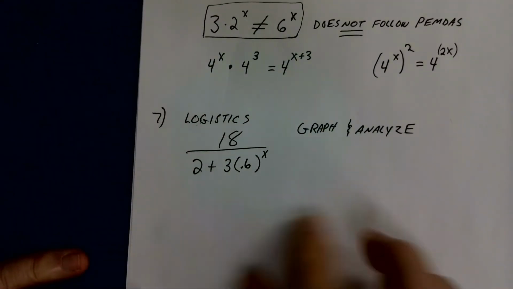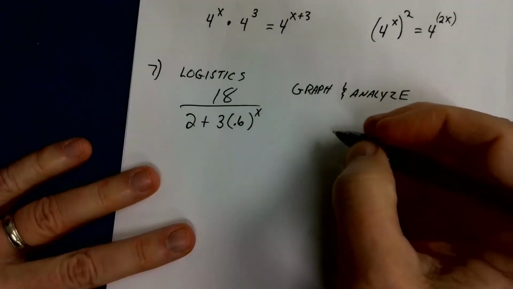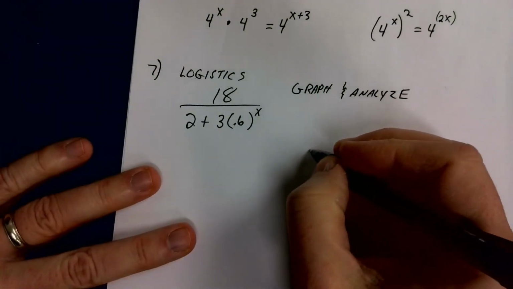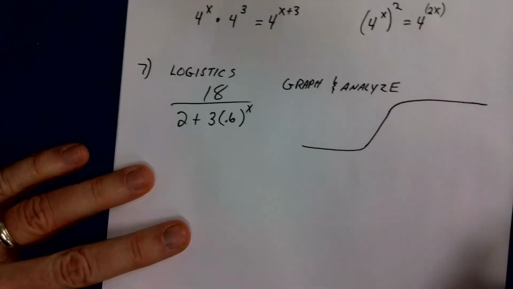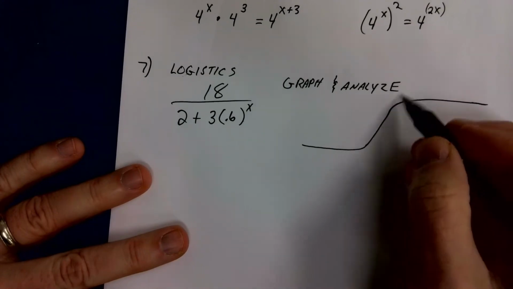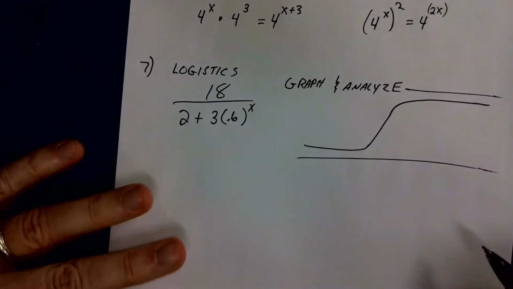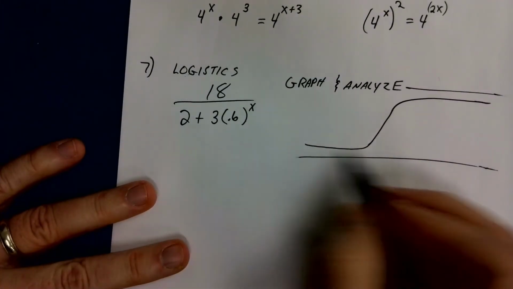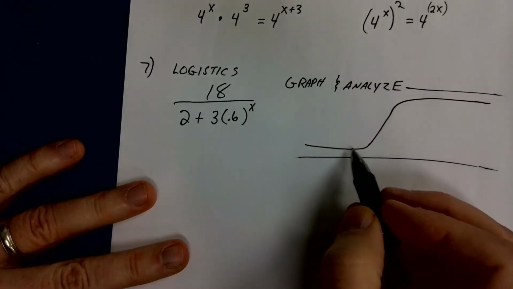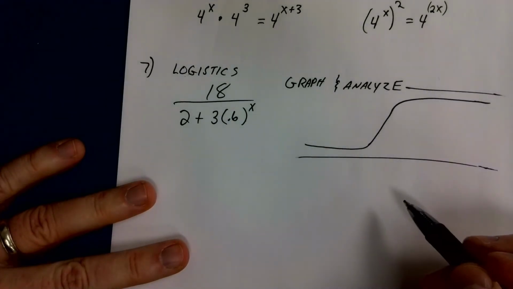Final thing that we're going to talk about right now is a logistic equation. Generally speaking, a logistic equation is an exponential equation that tapers off, that can't continue its exponential growth rate because there's a limit to its growth. It actually has two horizontal asymptotes, one where the graph, if it's like this, would go to the left, one up here where the graph would go to the right.